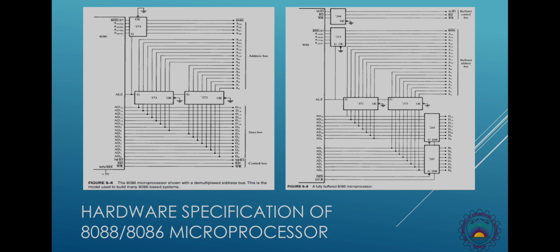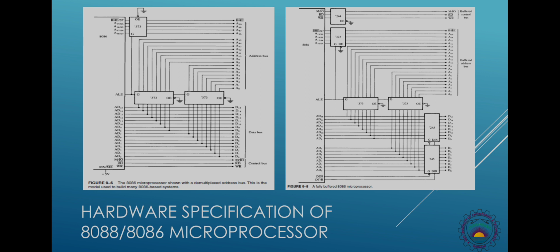The direction pins of both buffers are connected with the DT/R bar pin of the microprocessor 8086, and the G pin, which is the low enable pin for the bidirectional buffer, is connected with DEN bar of the microprocessor 8086.